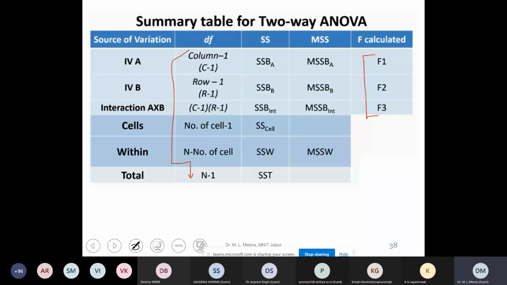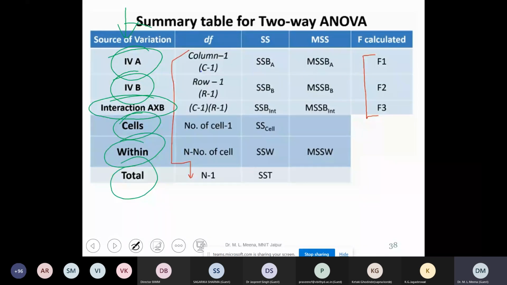This is the two-way ANOVA table, which is similar to the one-way ANOVA table also. In the first column, source of variation: the first independent variable, the second independent variable, whatever different factors there are, the interaction between both factors, within, and total.